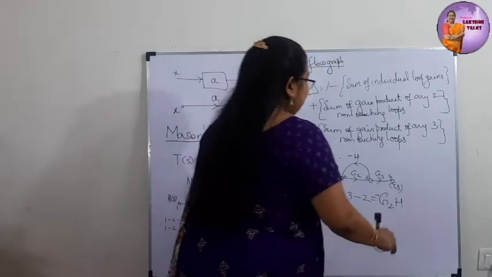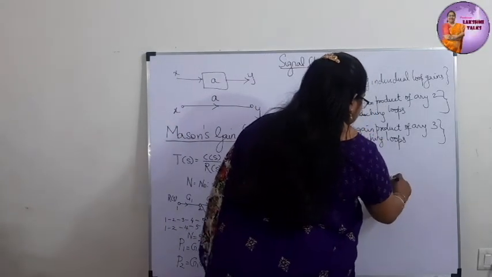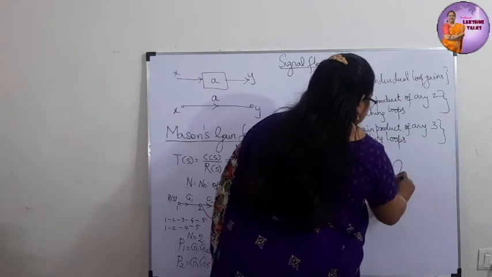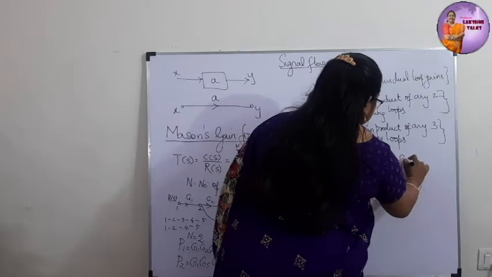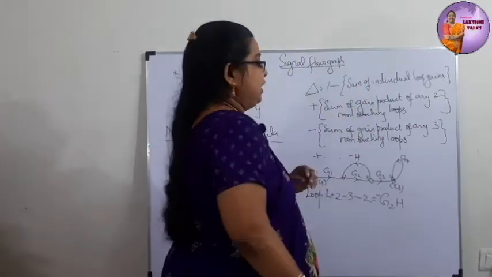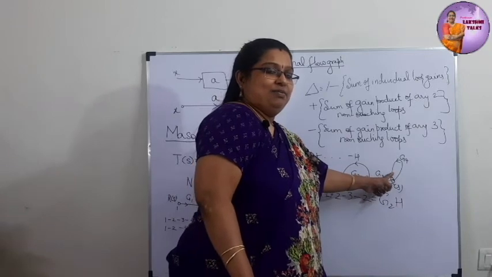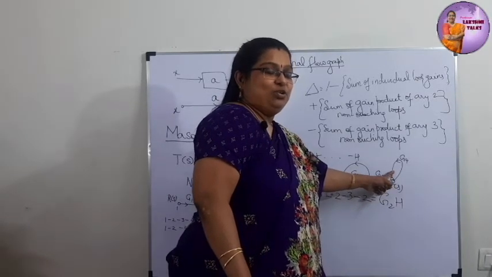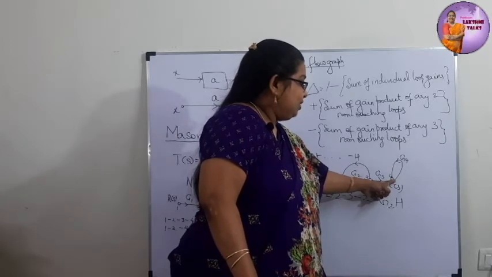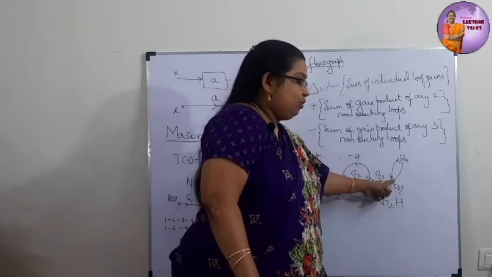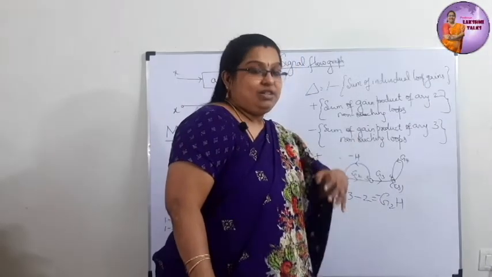For example, see, suppose we have another loop. This is called a loop because this loop starts with node 4 and it also ends in the same node, but it doesn't travel to any other node.